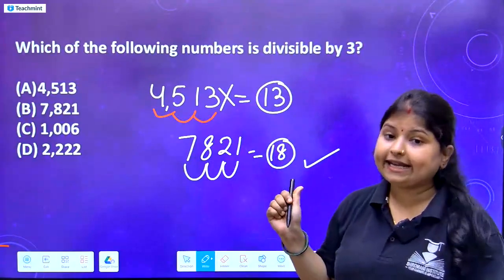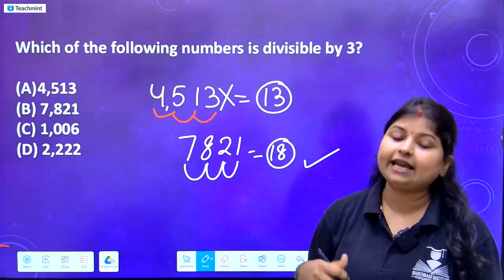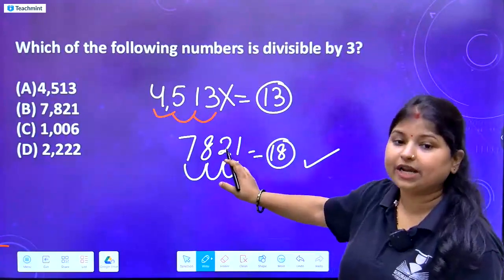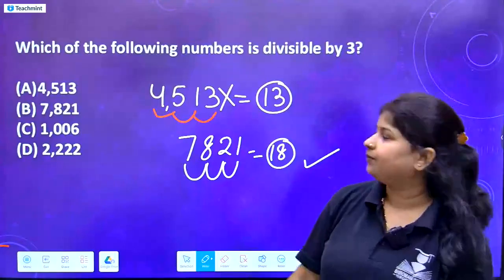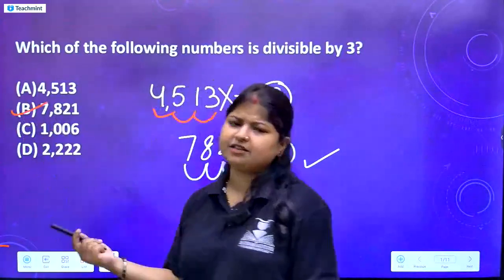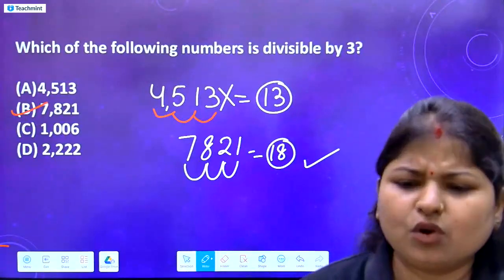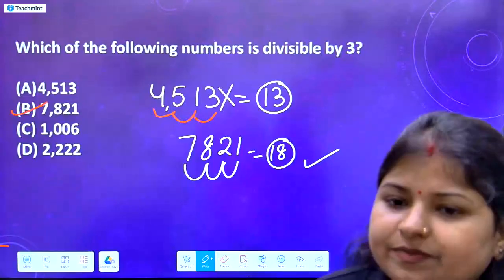Because this 18, sum of digits, is divisible by 3, that is why 7,821 will also be divisible by 3. And why to solve further when I get my answer in the second time? Option B is my correct answer.